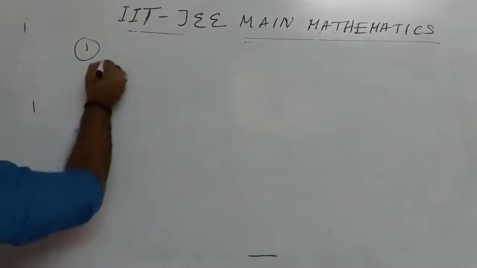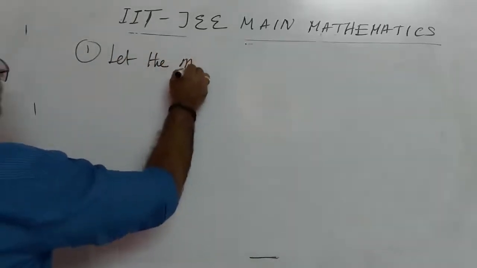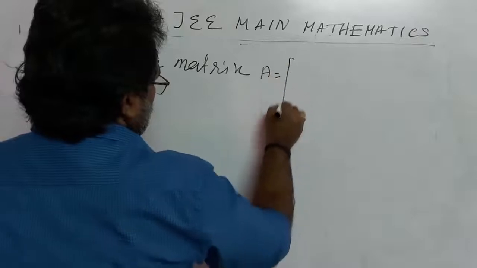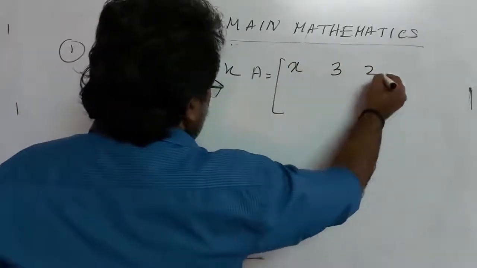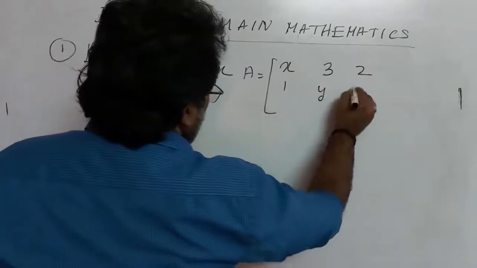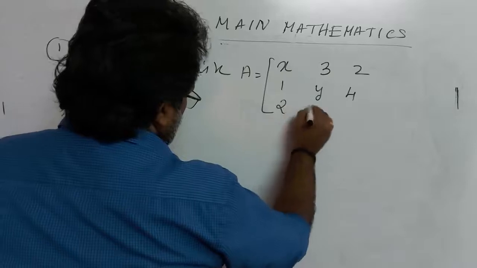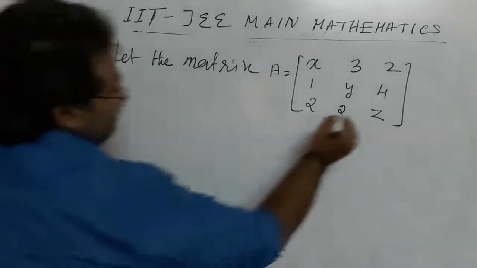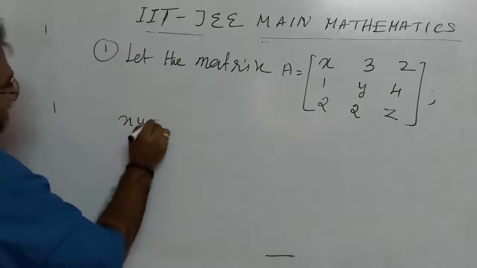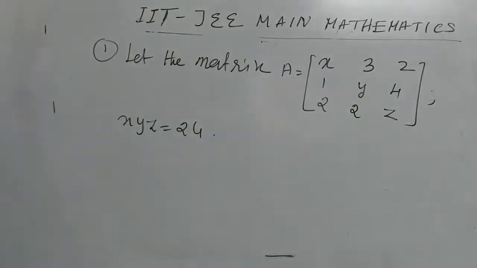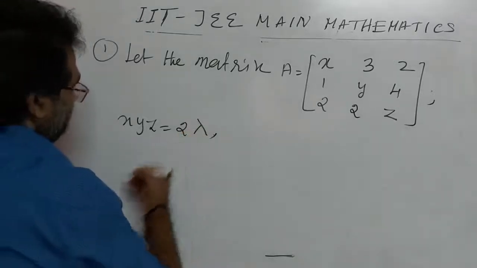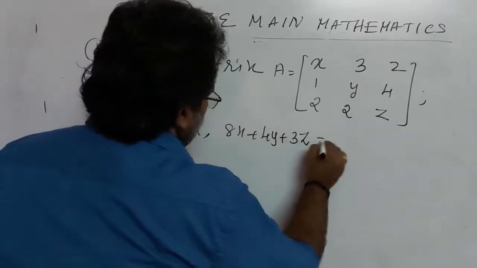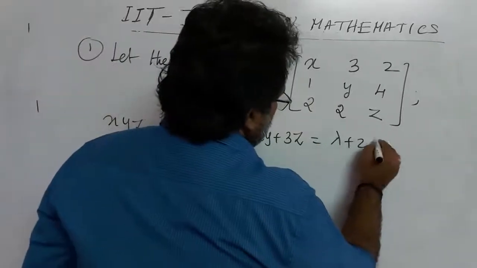Problem 1. Let the matrix A equal to [x 3 2; 1 y 4; 2 2 z], with xyz equal to 2 lambda and 8x plus 4y plus 3z equal to lambda plus 28.